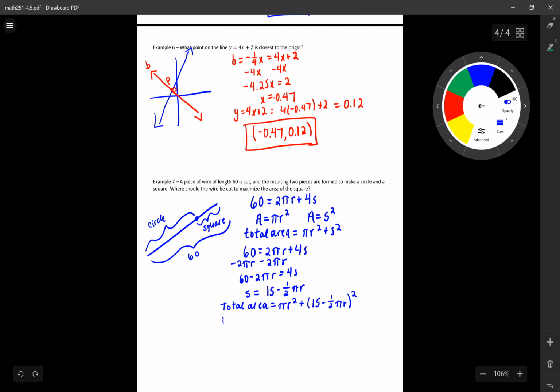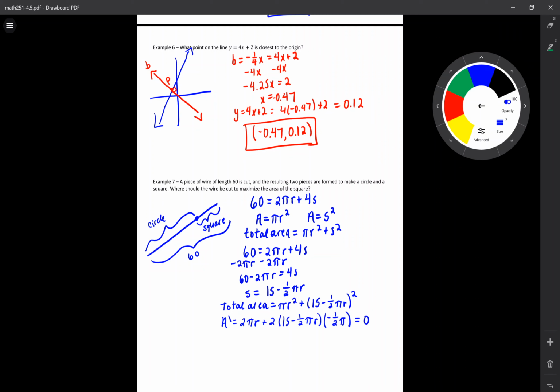So I'll say A prime is equal to 2 pi r plus, I have to use the chain rule here, right? So I get plus 2 times (15 minus 1/2 pi r), that's the derivative of the outer function, times the derivative of the inner function, which is negative 1/2 pi. And I want this to be equal to 0.